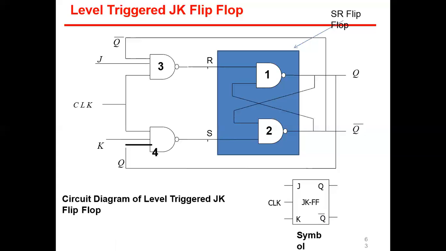The other 2 NAND gates have 3 inputs. The outputs Q and Q bar are fed back to the inputs of gates number 4 and 3. Here we have the equation S dash equals (Q dot clock) whole bar. In the same way, R dash equals (J dot Q bar dot clock) whole bar.